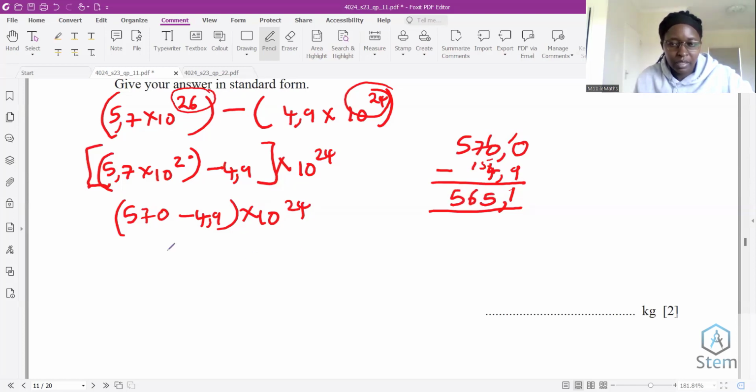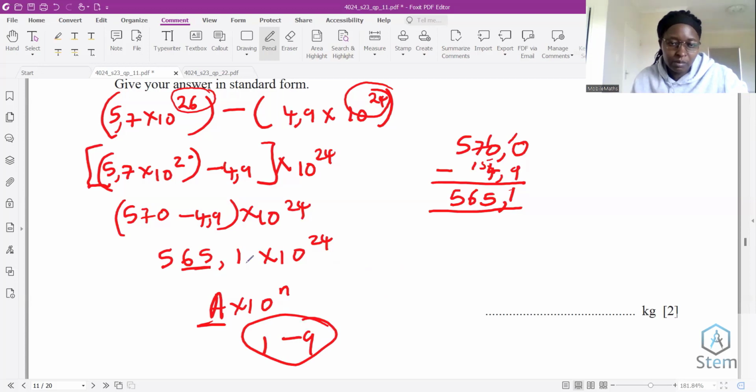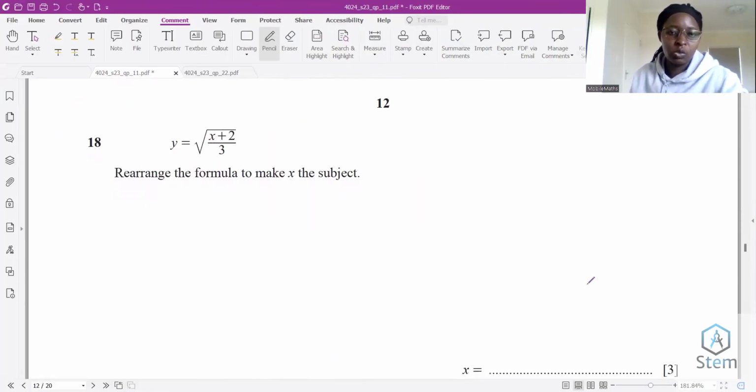So we are getting 565.1 times 10 to the power of 24. But here it's not in the form A times 10 to the power of n, where our A is 1 to 9 only. Okay, so I'm going to move my decimal 1, 2. So I will add plus 2 here. So our answer is 5.651 times 10 to the power of 26.